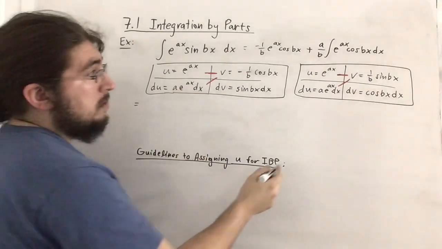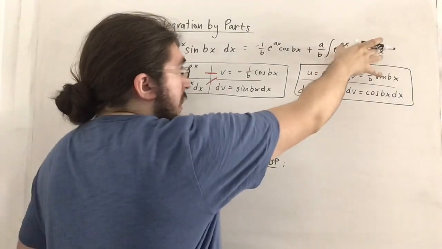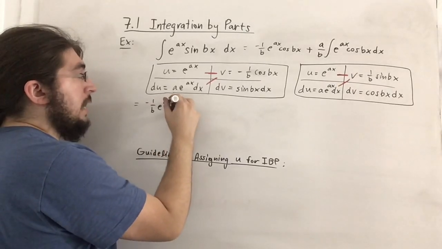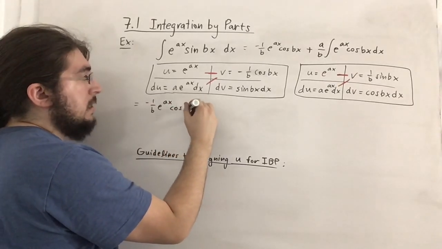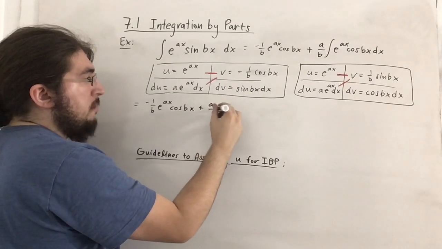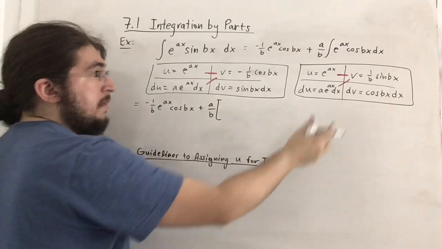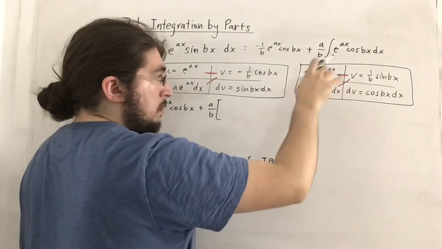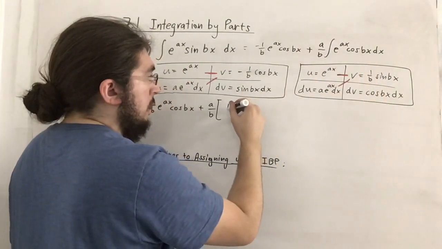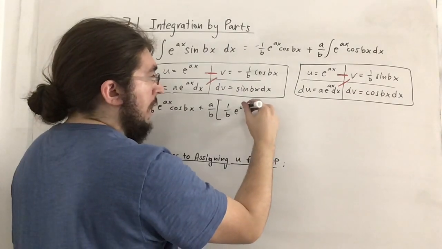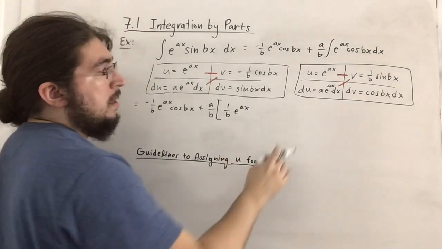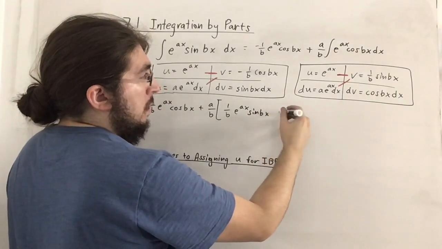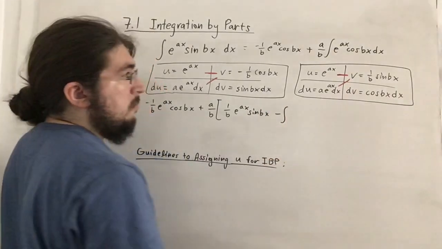And it's going to be equal to, remember, it's this integral. So just to write everything, we have negative 1 over b e to the ax cosine of bx plus a over b times that integral, but that integral is replaced by the by parts expression, which is uv, that's going to be 1 over b e to the ax sine of bx, good, minus the integral of what?